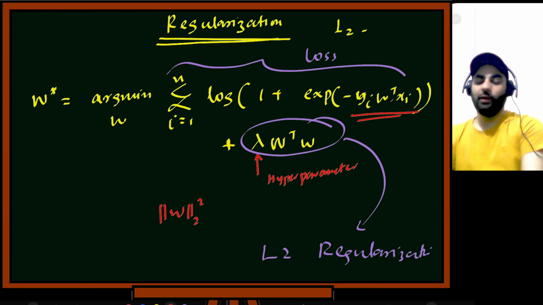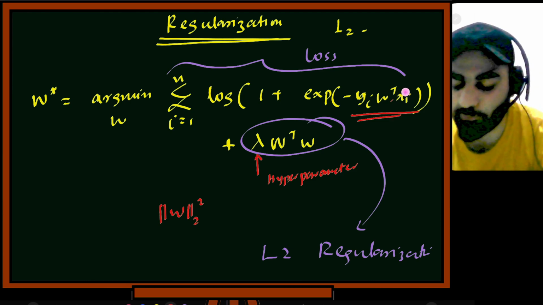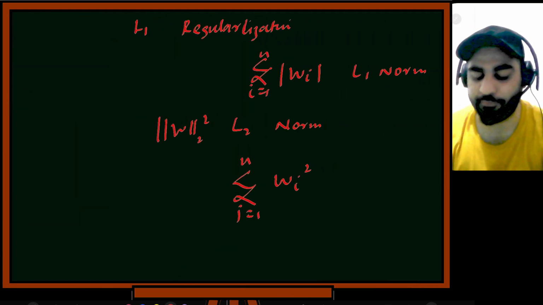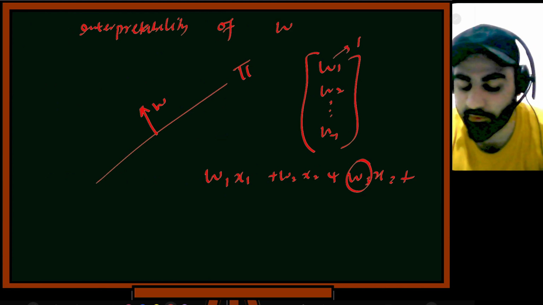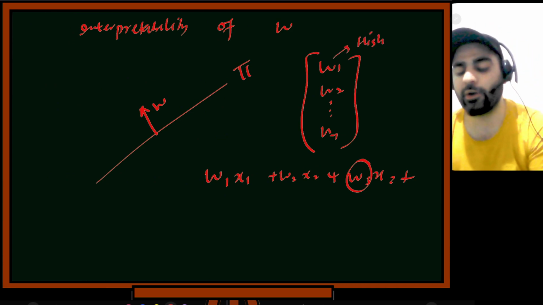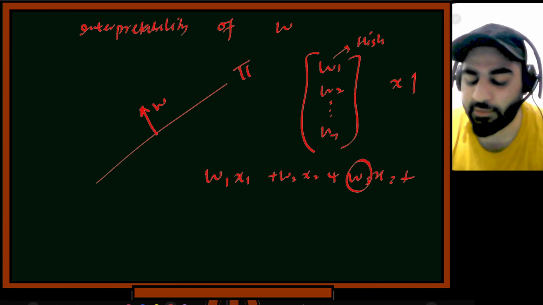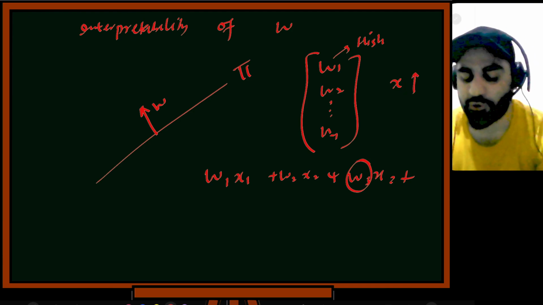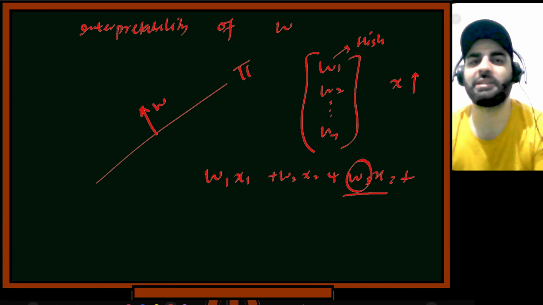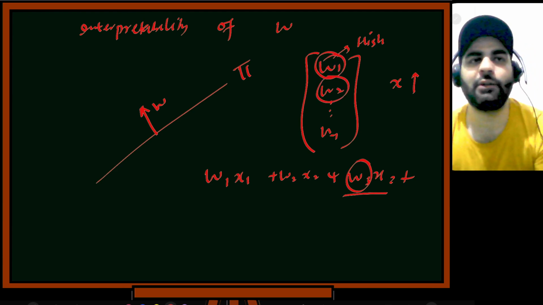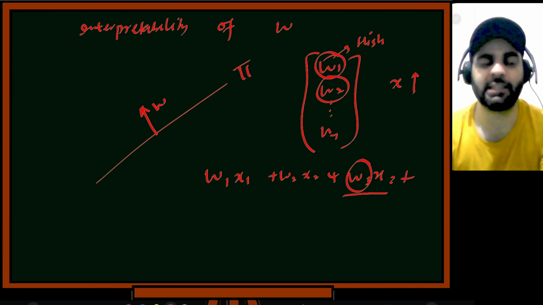Now let's suppose we have feature 1, and if that feature increases, and this W has some high value, then this value will increase. Basically, what I'm trying to convey is that these W's will have high values if the feature is more important. In a nutshell, I wanted to tell you this.